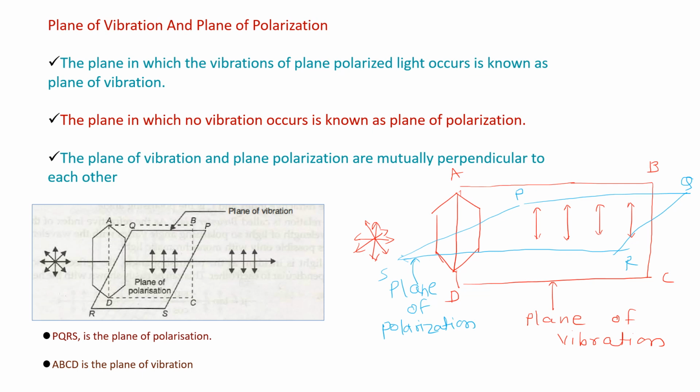So the plane of vibration is a plane in which vibrations are taking place, and the plane of polarization is a plane which is perpendicular to the plane of vibration. The direction of propagation is this.